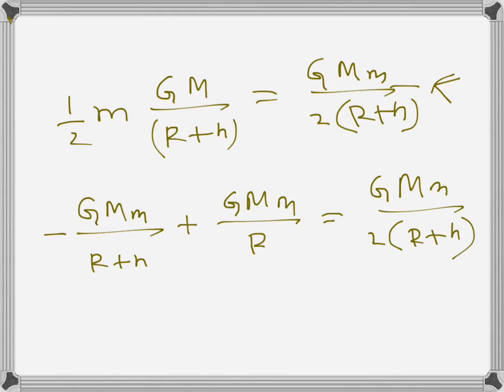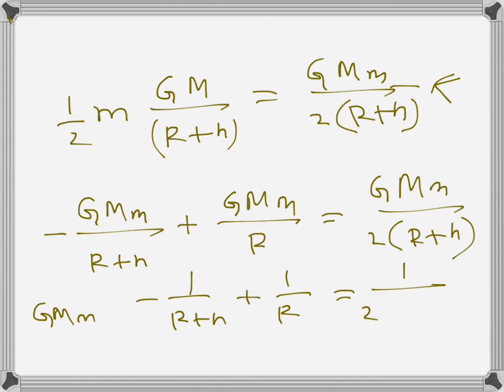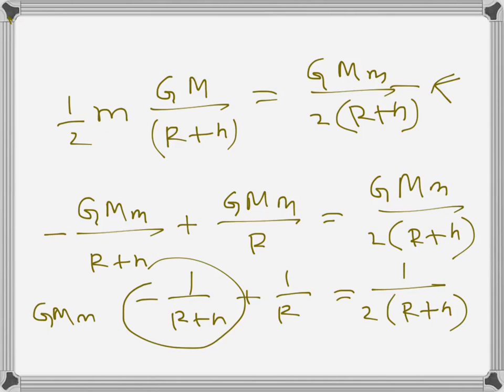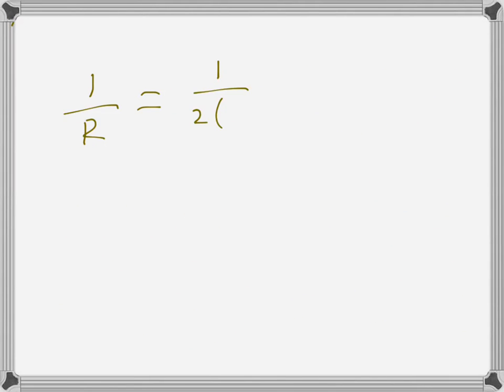Now what we notice is that the terms share the same factor, so we can divide both sides by GMm. If we do that, we end up with 1 over R equals 1 over 2 times R plus H, plus 1 over R plus H, after taking that term to the other side because they have the same denominator.